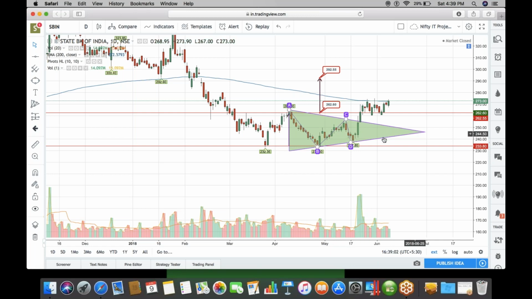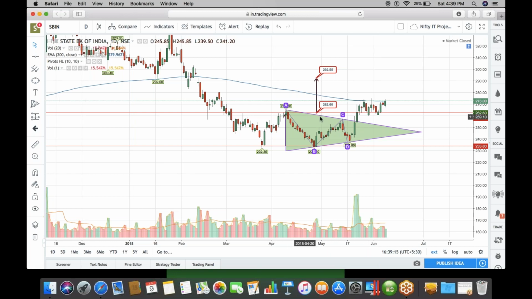This is a bit tilted, no issues. So this is the breakout of the price pattern. So we have to look at the breakout of this particular price pattern. Now a few things I would like to discuss about the ascending triangle, how it functions actually, and what are the six basic identification characteristics of an ascending triangle.